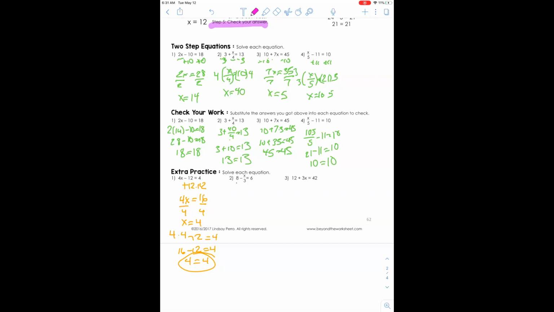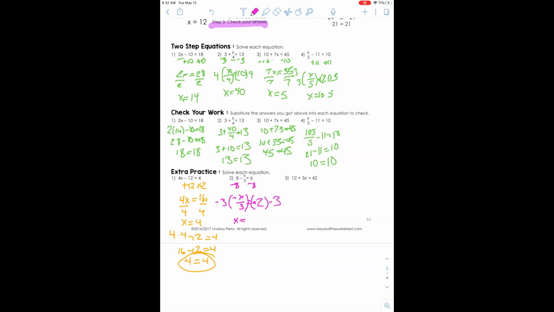So our inverse first to isolate our x would be minus 8 from each side. Now we have negative x divided by 3 equals a negative 2. So we need to get rid of that negative with the x. So we're going to multiply each side by a negative 3.